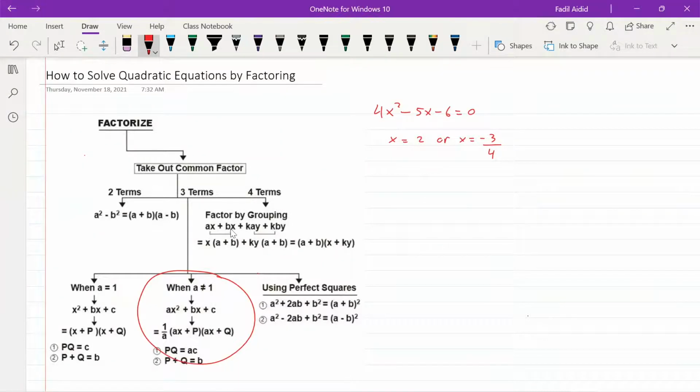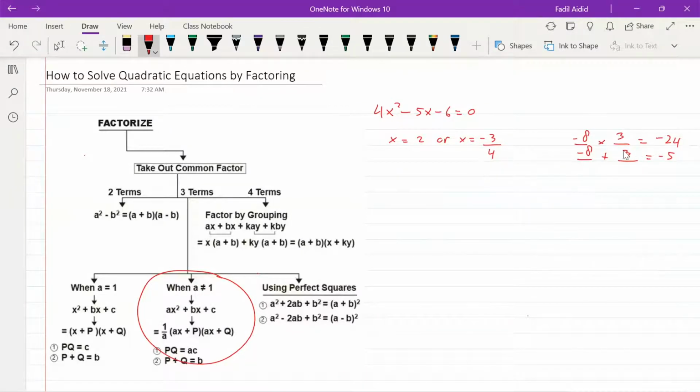Now, if we use factor by grouping, the first step is similar. We need to find the two numbers that multiply to a times c, which is -24, and when added, equal b, which is -5. Now, we already found the two numbers, which are -8 and 3.